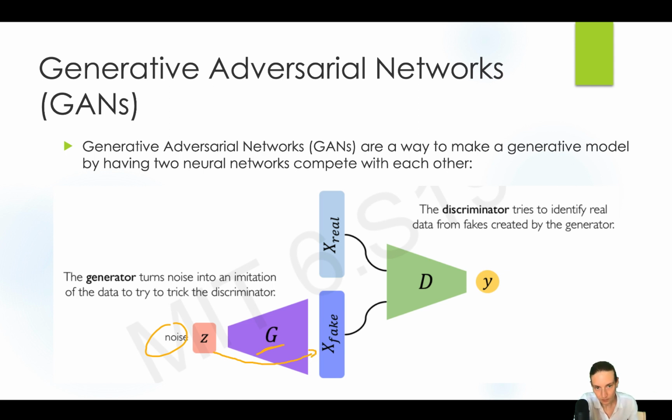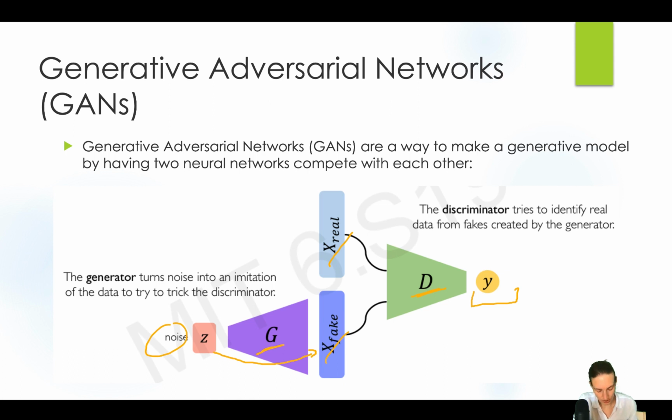Okay. Now there's a second part to this network, which is the discriminator. The discriminator you have to think of as a classification model. The discriminator will take a real example from the dataset, it will take a fake example generated by the generator, and it will basically see if it can classify which is the real, which is the fake. Okay.